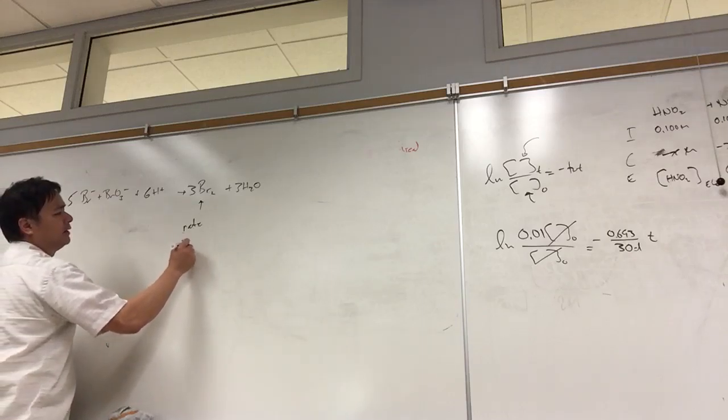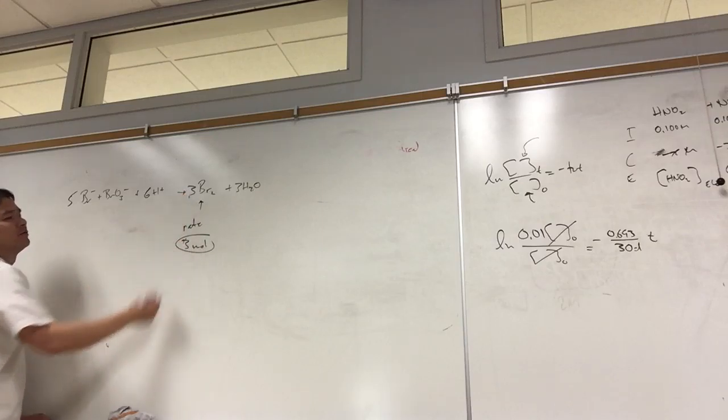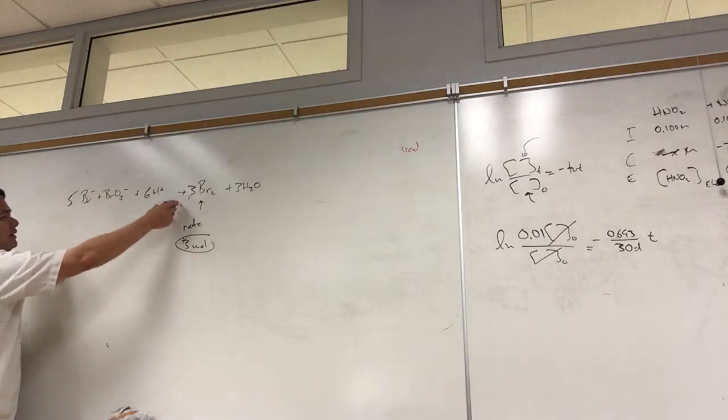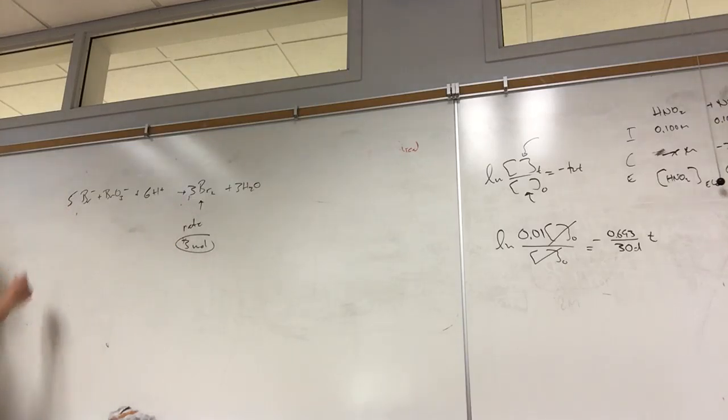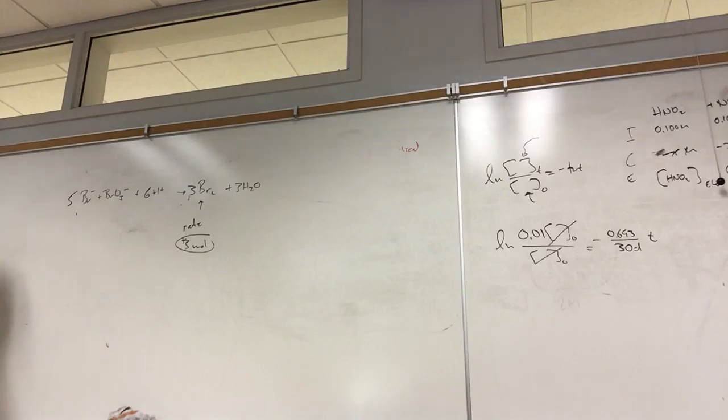So let's say we consume 3 moles of bromine. Or not consume, if we produce 3 moles of bromine, how many moles of bromide must have reacted? 5. And so for every 3 moles of bromine that are produced, 5 moles of bromide react.